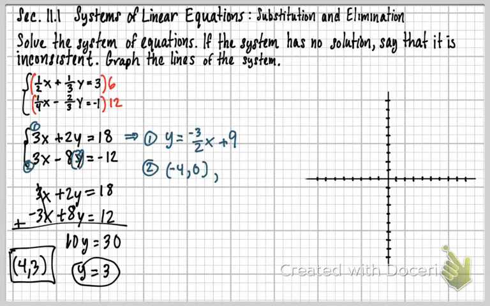And when I add 24, I'm going to end up with another 12 here, and it's going to be +12 when I add it over. And then 3 goes into 12. So I'm going to get the point (4, 3).